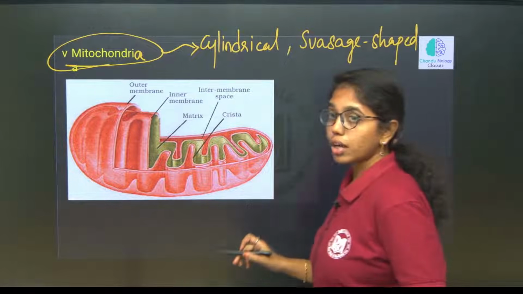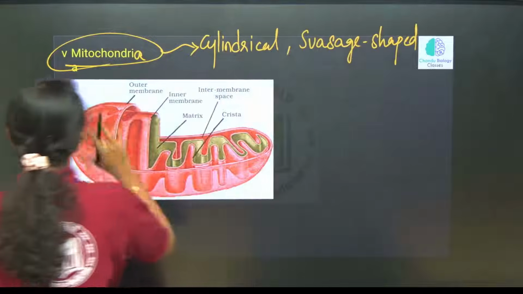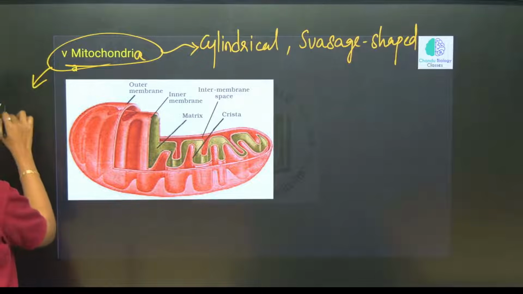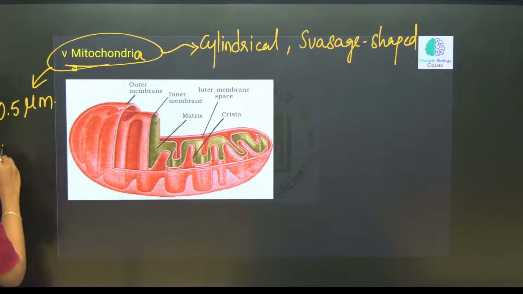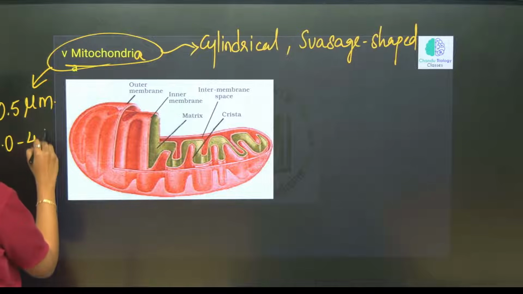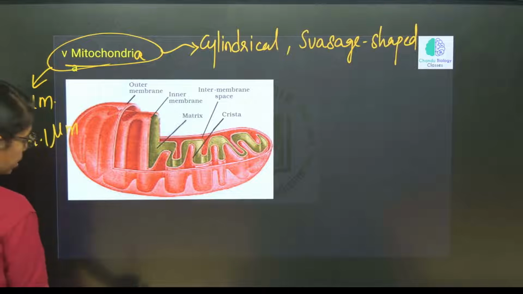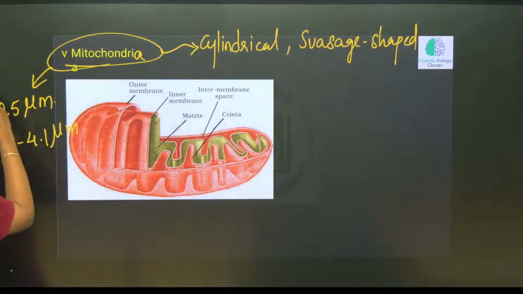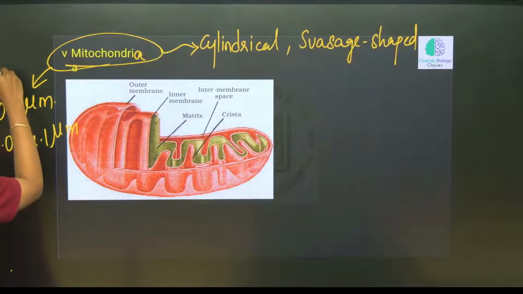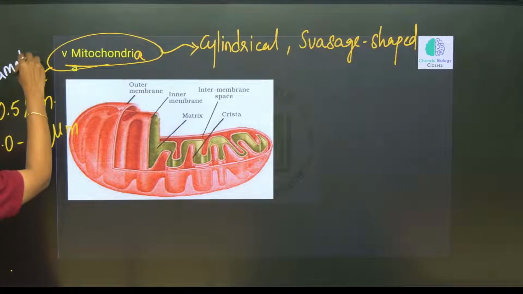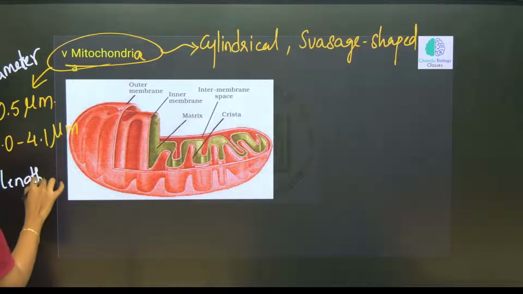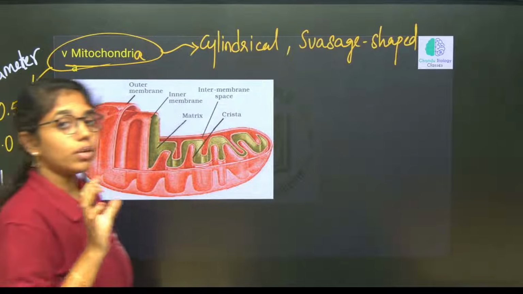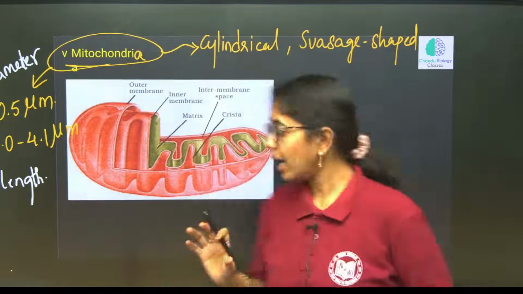The diameter of the organelle will be around 0.5 micrometers and length is around 1.0 to 4.1 micrometers. This will be the diameter and length of mitochondria. Fine. And how can you describe the structure of mitochondria?